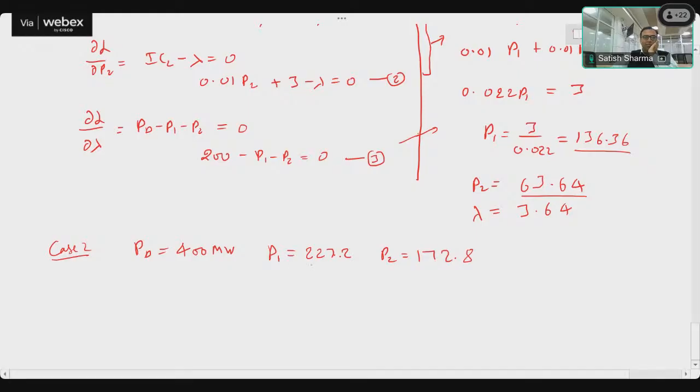So let's say these P1 and P2, and if you look at both the values, we had constraints that P1 and P2 can have a maximum of 150 megawatt and a minimum of, let's say, 20 megawatt. In this case, both the values are more than the maximum limit. So what is the outcome, or what can we say about this particular case?